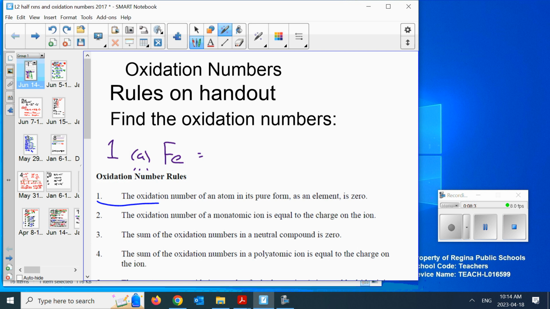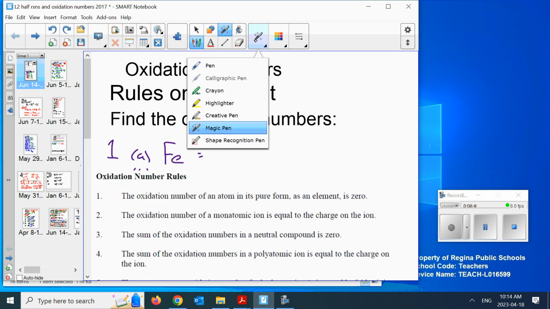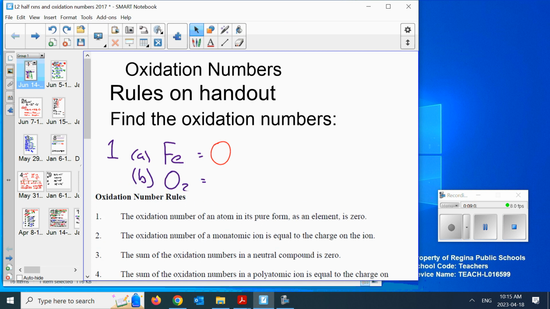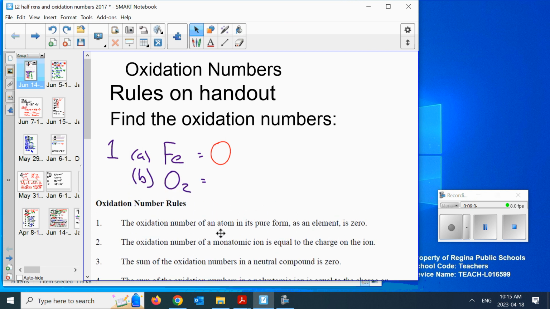The first rule, the oxidation number of an atom in its pure form as an element is 0. So when I list just Fe, that's 100% iron. I just list it as 0 because there's no charge listed at the top right. And then the second one, oxygen.